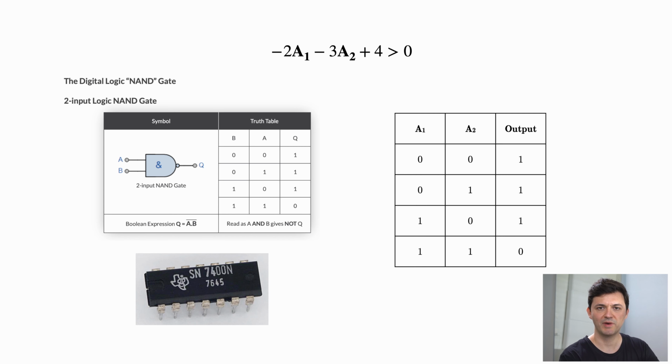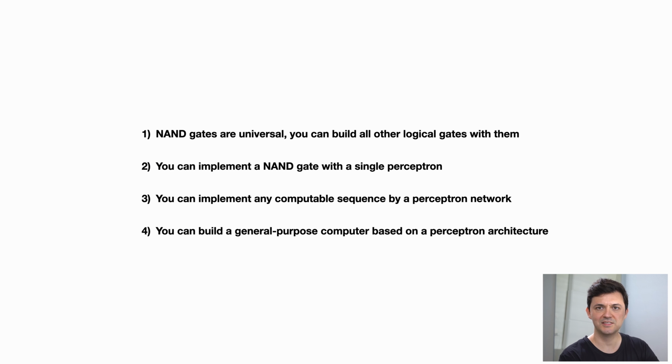First of all, you might remember this slide from lecture 3 when we talked about perceptrons. What we showed is that you can take a single perceptron, pick the right weight and the right bias, and use it to implement an AND gate. And an AND gate is a universal logic gate, meaning that any other gate can be represented with it. And if you implement this gate in hardware, you can build a general purpose computer and implement any computation.